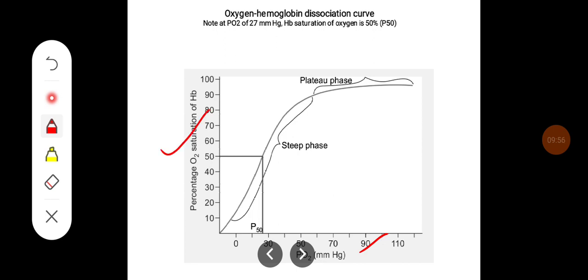As the partial pressure of oxygen increases, the saturation also increases. In the initial phase it rapidly increases, and later at around 60 to 70 it plateaus. This sigmoid shaped association is called the oxygen dissociation curve.